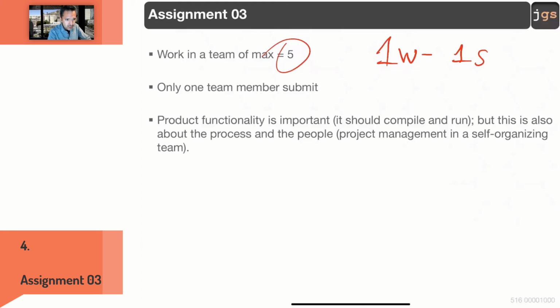Do the burndown chart, track how your work moved forward, do an estimation and check if that estimation was good or not so good, and share with me your retrospective and your review. So if the product finally worked well or not, and if your work with your team was as you expected or not.